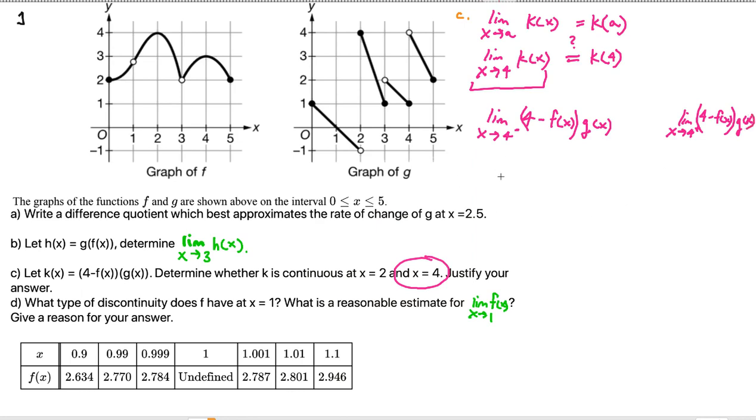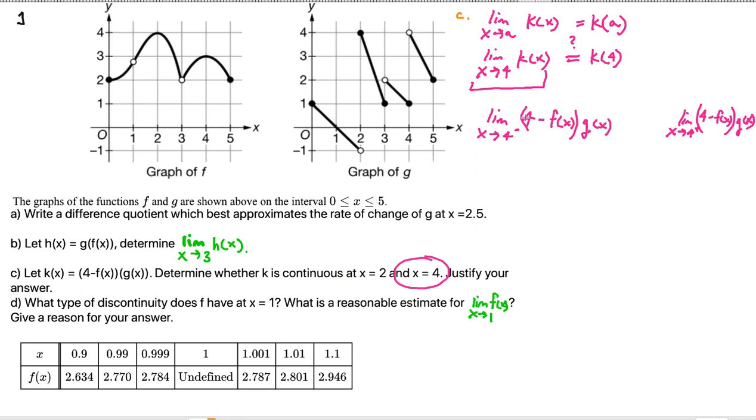Now, again, you want to be sure that you know how to use the laws of limits. What this will simplify to after you use your laws of limits is that you would break it down into a product. You'd say the limit as x goes to 4 from the left of 4 minus f of x times the limit as x goes to 4 from the left of g of x.